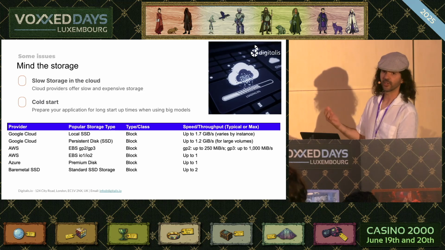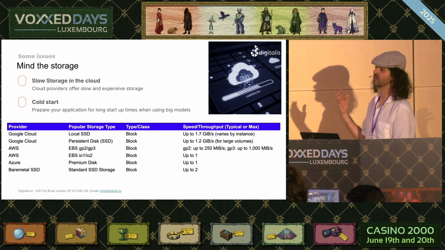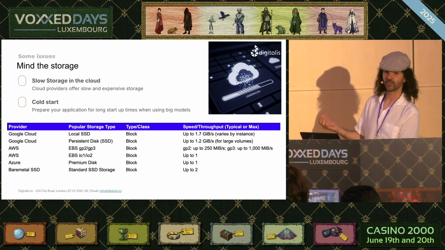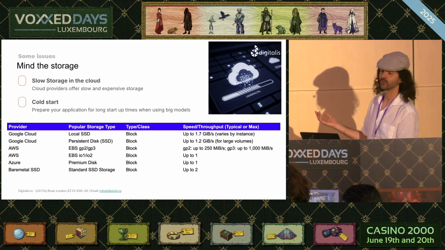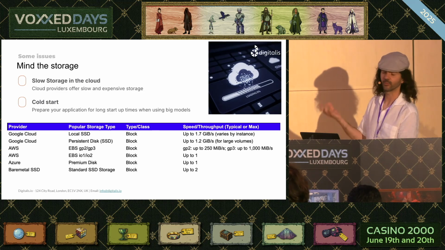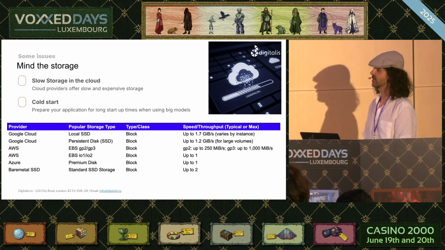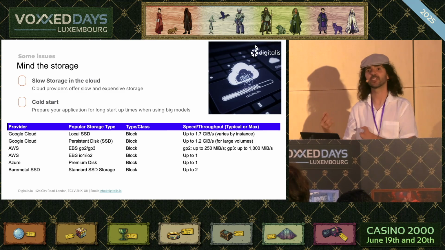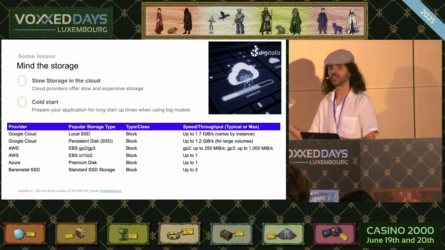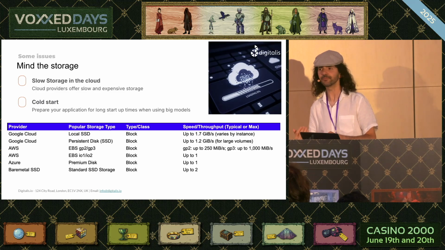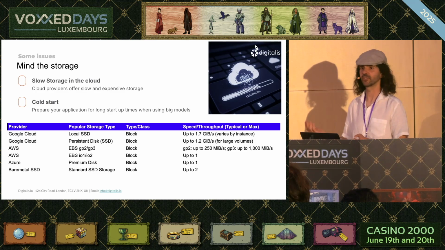If your model is maybe 30 gigs, it's reading 30 gigs from disk and loading it into memory. If your storage is slow, prepare to wait. It's a long wait to get your model loaded. If you have an issue with your application restarting or crashing, you end up loading the model multiple times from slow storage.